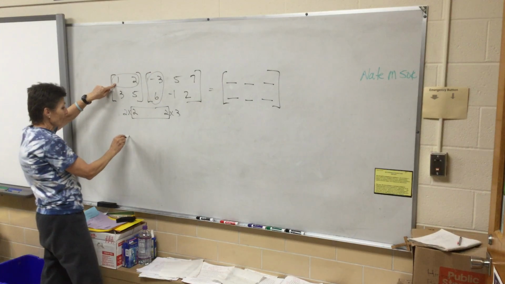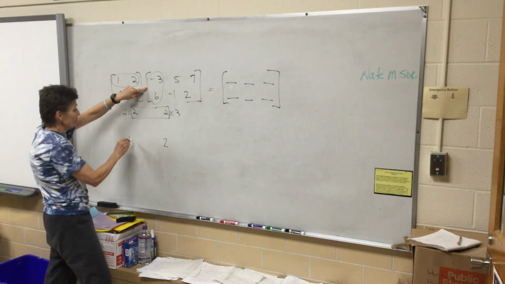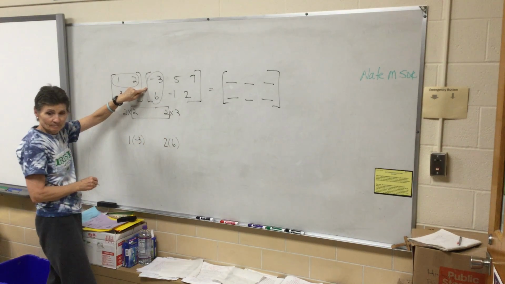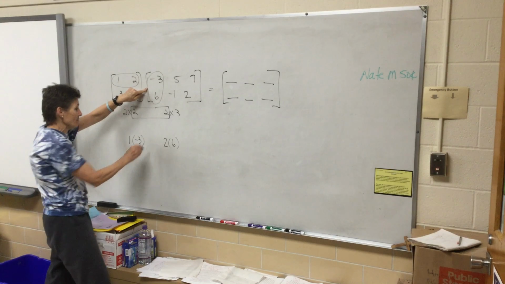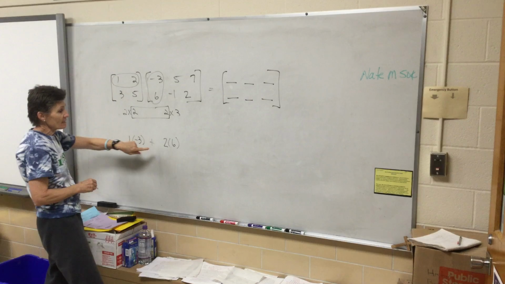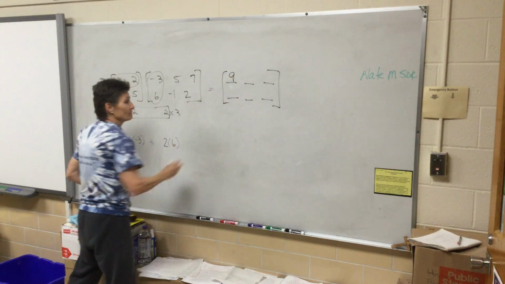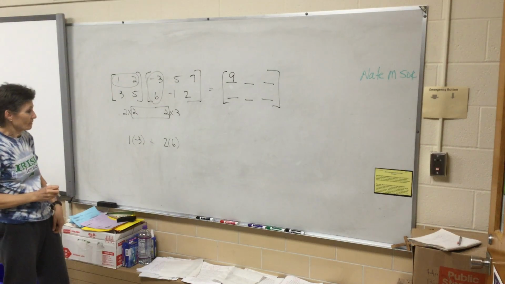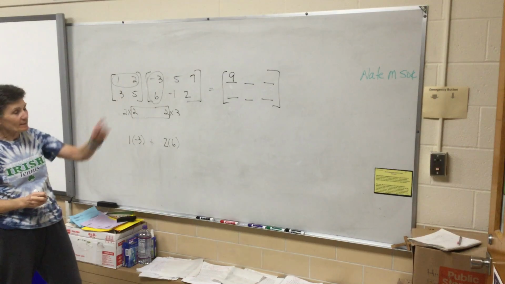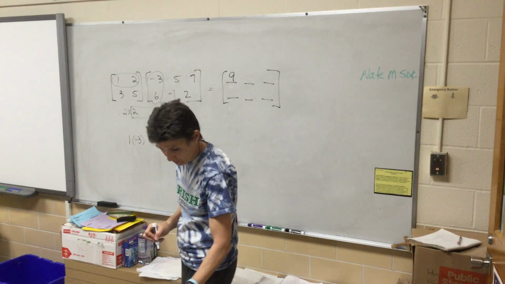So we'll write down our first row, and then next to those numbers we'll write down our first column, and then we'll do the multiplication and add. So negative 3 plus 12, 9? Is this starting to come back to you? Okay, good. Why don't you go ahead and see if you can fill in the rest of them. And then I'll do it too, and we'll see if we match.